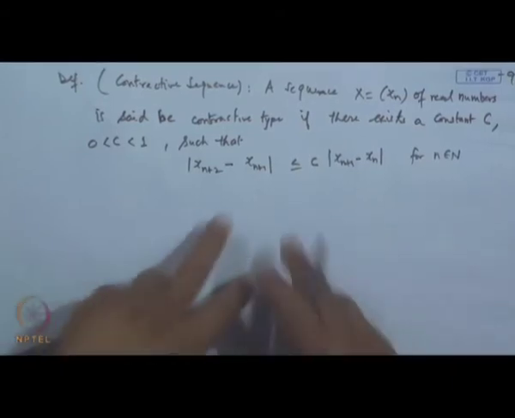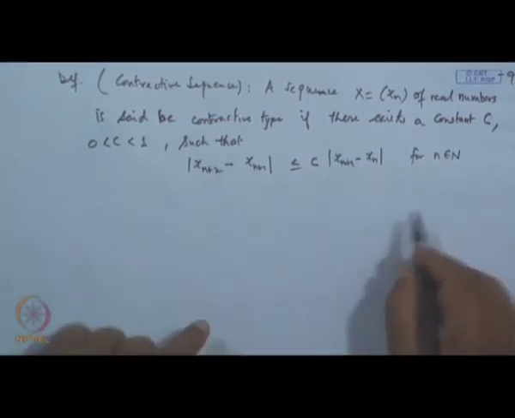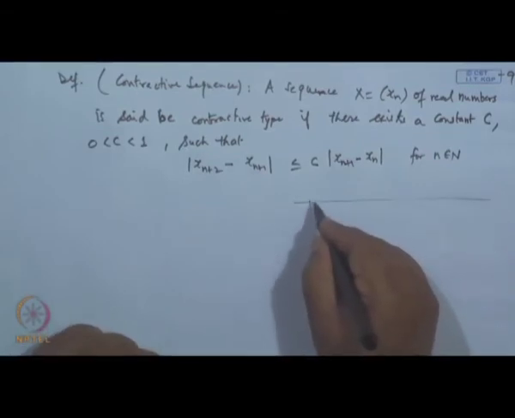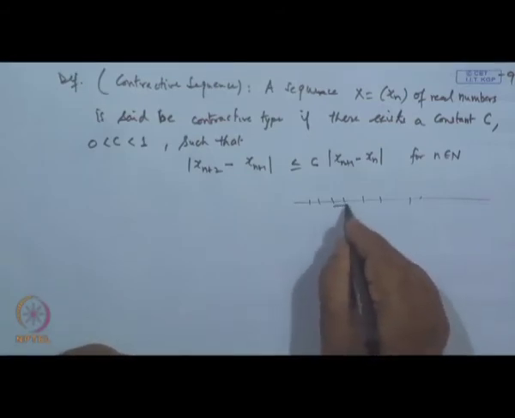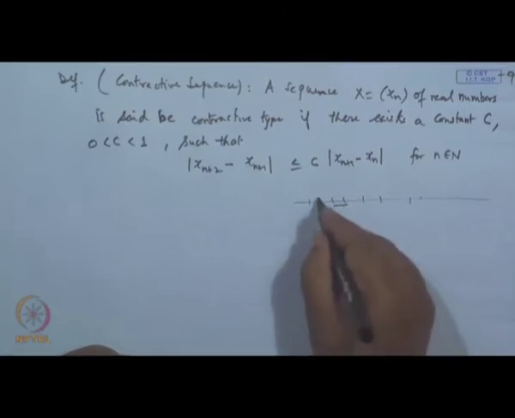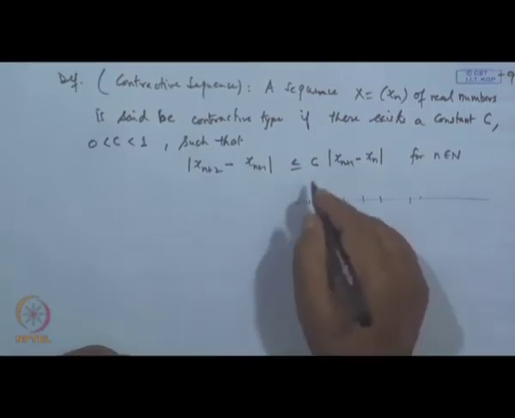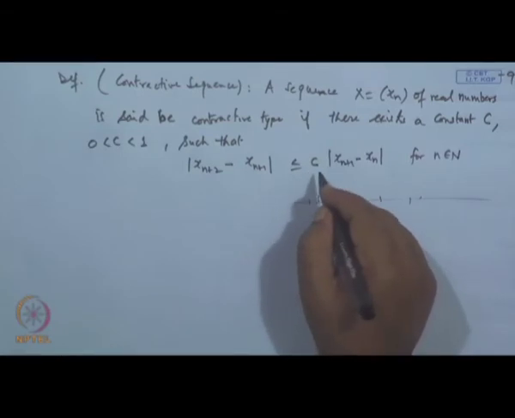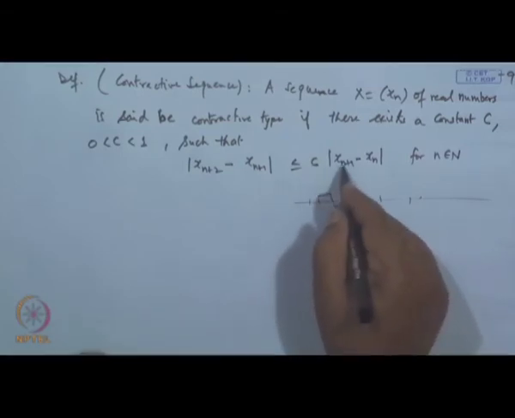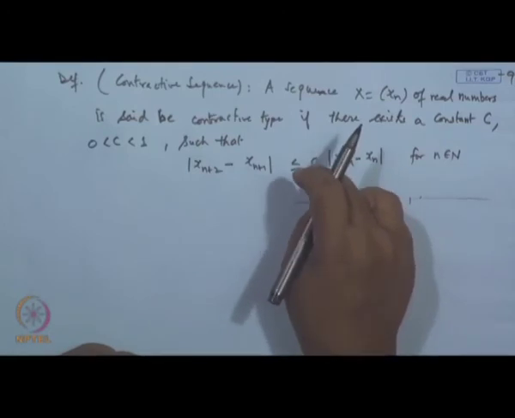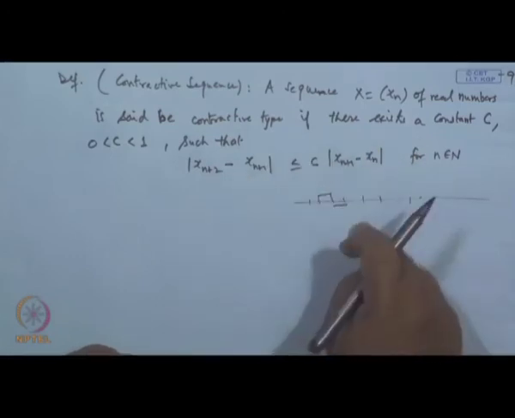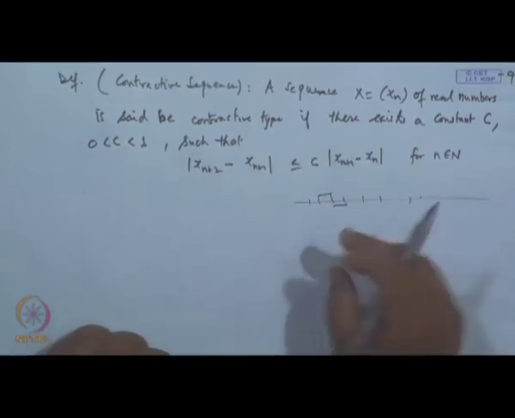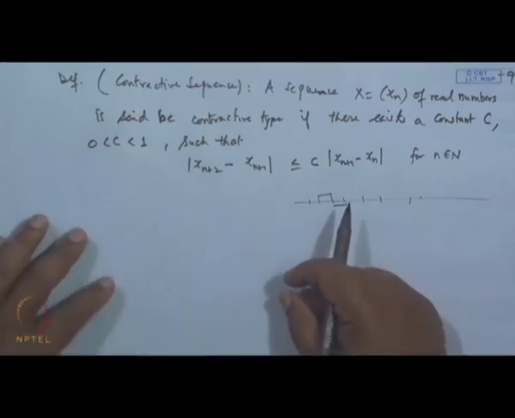This means that if we take the difference between two consecutive terms of the sequence, then this difference cannot exceed c times the difference of the previous one, because c lies between 0 and 1. If I take c equal to 1, then only it is equal.